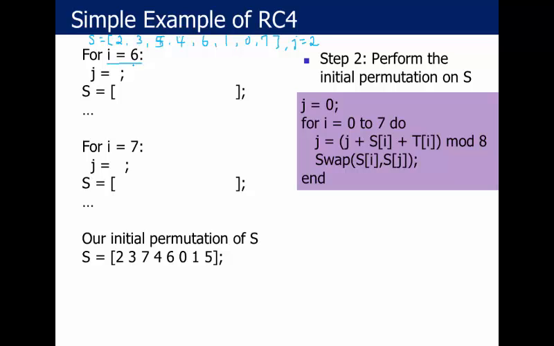Finally, that S will be used to generate the key. We didn't get to that yet. Yeah, S will be from 0 to 255, so it's a long list of numbers.